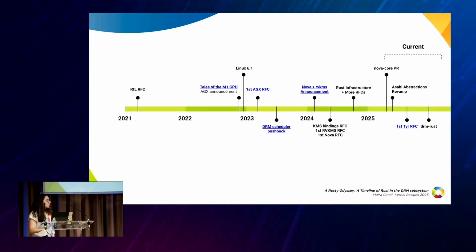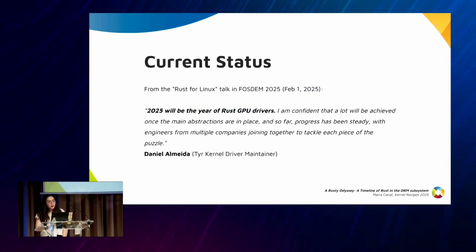And finally, to the current moment, I extracted this quote from Daniel Almeida, who is also in the audience, because I saw this talk at FOSDEM earlier this year, in February. It was a Rust for Linux talk from Miguel, and I remember this quote because I saw it on February 1st, and for me this quote sums up the year perfectly.